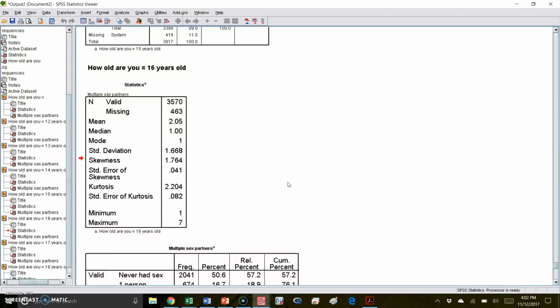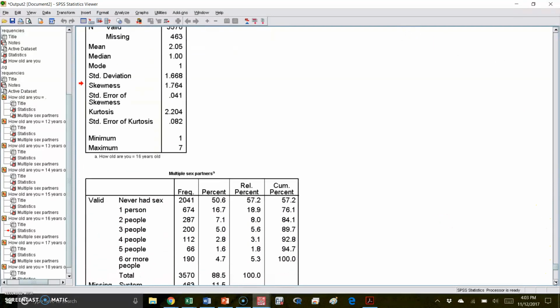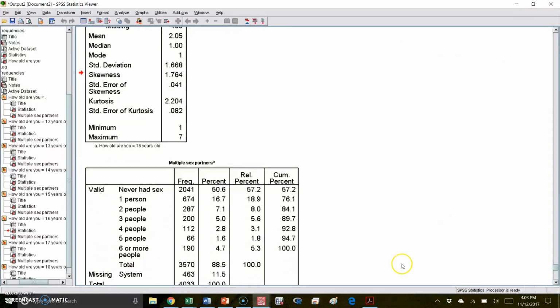Now, I've selected as a subset, because it's a very large data set, 16-year-olds, you can see. And I've run some analyses using a program called SPSS to take a look at this data. Now, the data is coded, so what that means is numbers have descriptors that go with them.